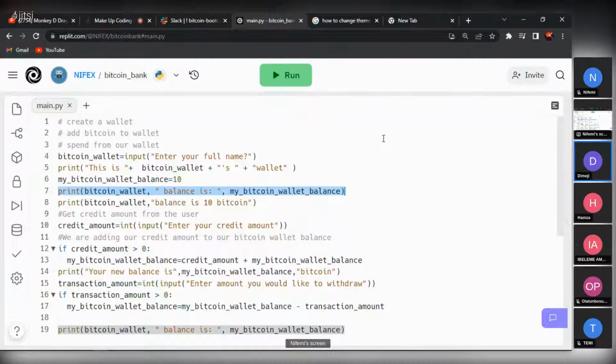Yes, sir. All right, can you explain line 4 to 7 to me? You were saying the Bitcoin wallet, when you buy a wallet, you will name the wallet under your name.